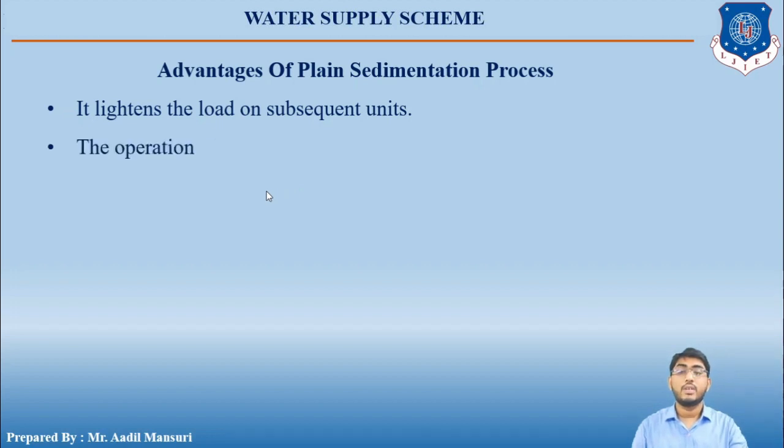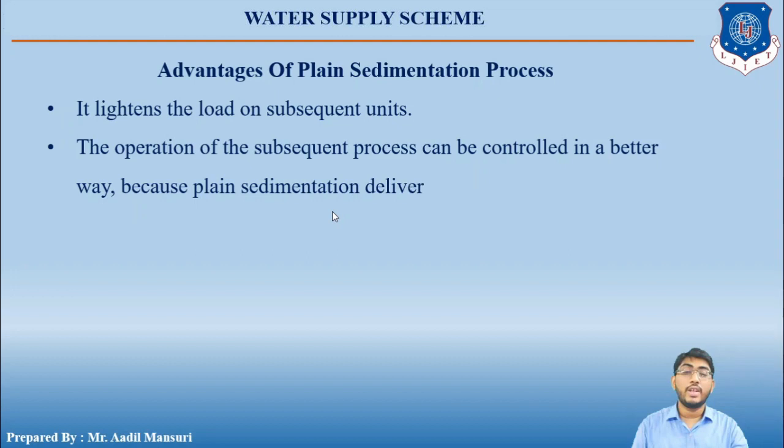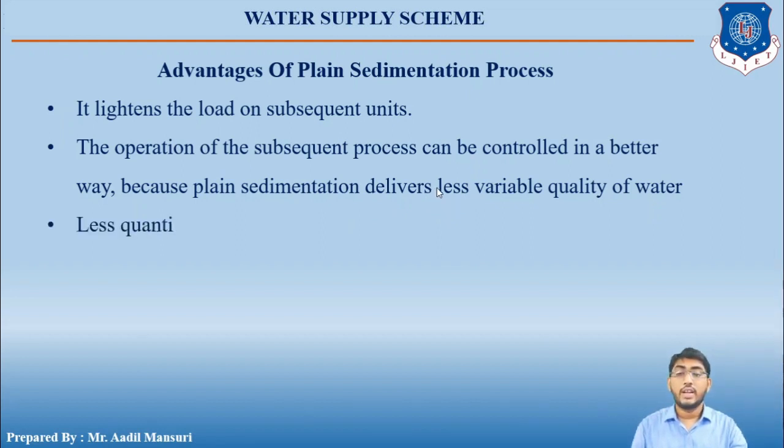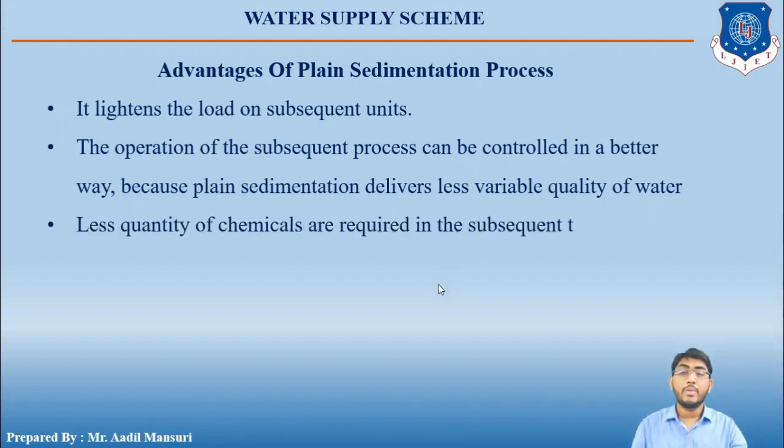Okay, then the operation of the subsequent process can be controlled in a better way, because plain sedimentation delivers less variable quality of water. Okay, next, less quantity of chemicals is required in the subsequent treatment process. Okay, so if the plain sedimentation process is done properly, then fewer chemicals will be required for the subsequent units.